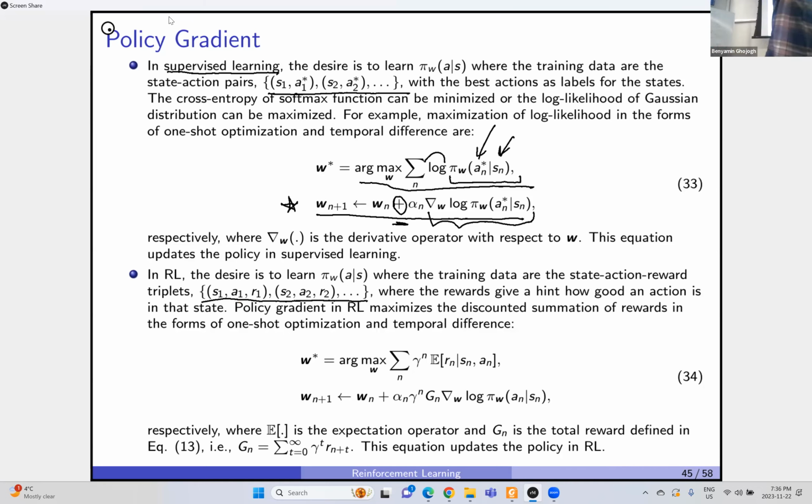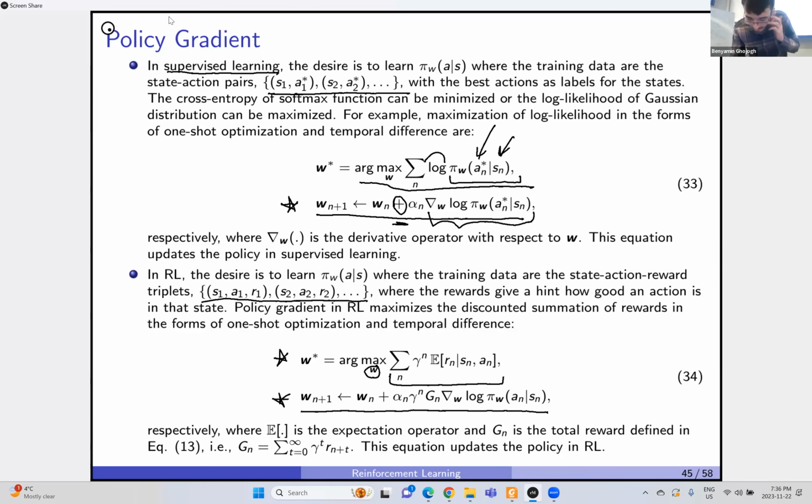In reinforcement learning, I have total discounted reward, right? Let's maximize that. Let's maximize the total discounted reward over the horizon, right? With respect to my parameters, the parameters can be the weights of neural network. Okay. Now, again, you can either do it in this way or you can do it iteratively.